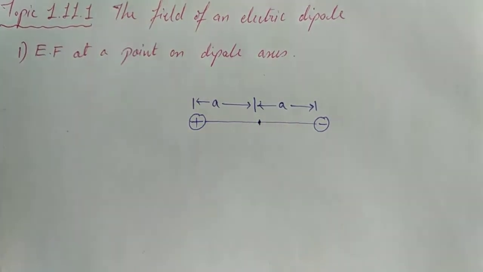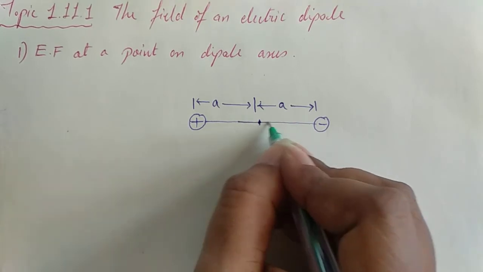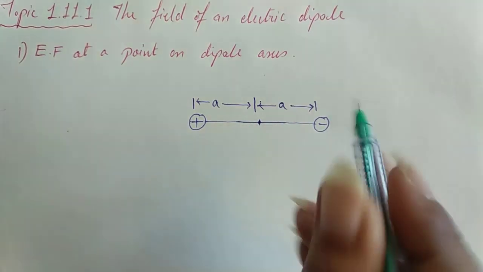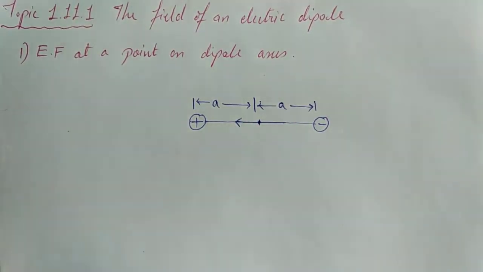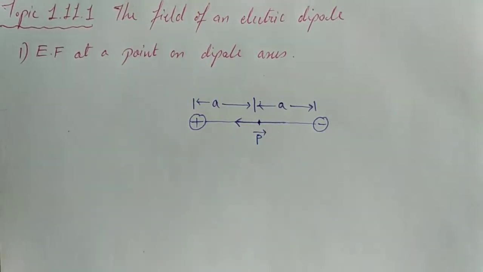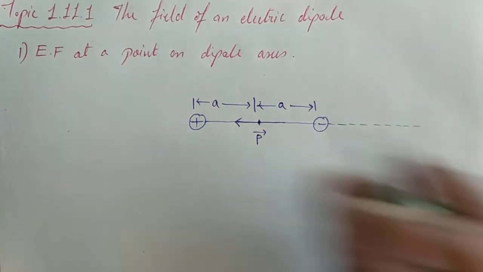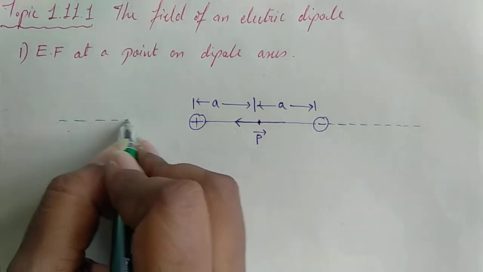This is the center of the dipole. And the direction of the dipole is always from negative to positive, and this vector is known as dipole moment. Now we'll draw the dipole axis. So this is our dipole axis.